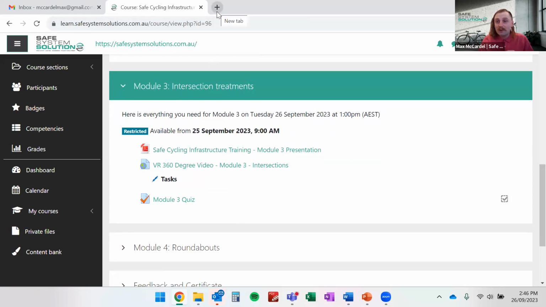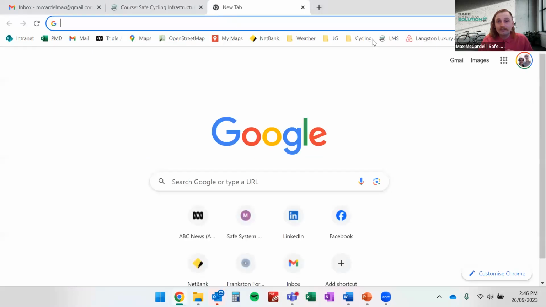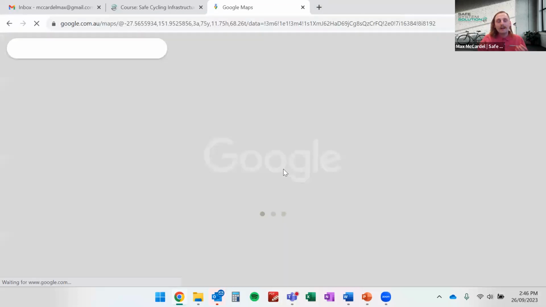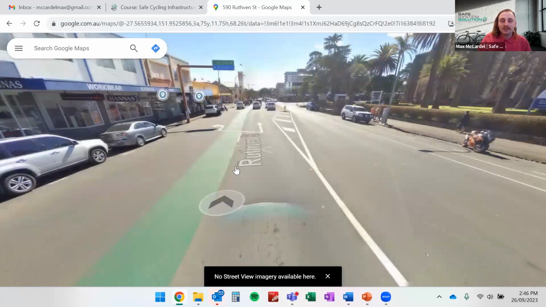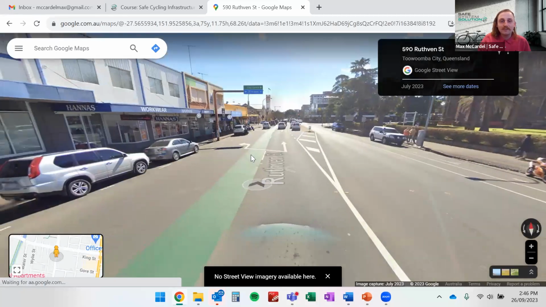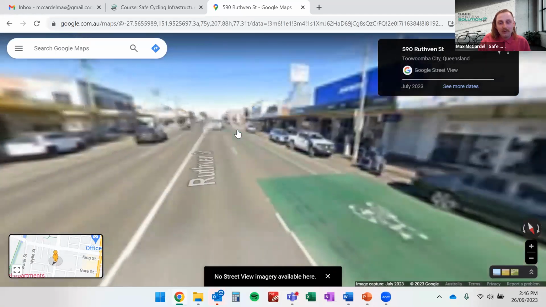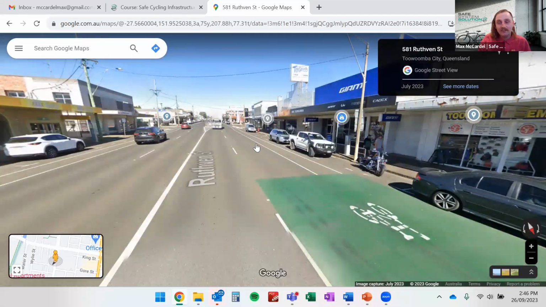I did want to share one more example, because I just love sharing examples, of a site in Toowoomba, an intersection which I think is quite interesting. I'll just turn it around here so you've got a bit more of an idea. There's an on-road bicycle path adjacent to the dooring zone, and they want to get that away from the left turn treatment coming up at this intersection.